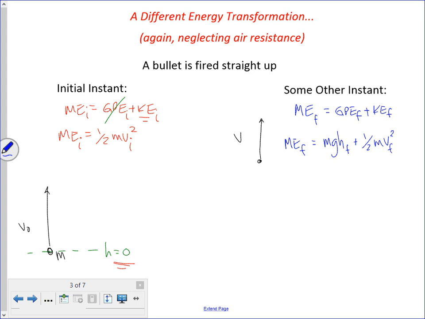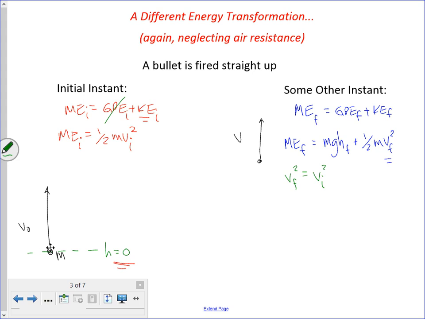So the question is, what's v final squared? Oh, well, we have this expression for v final squared, remember? v final squared is v naught squared plus 2g delta y, right?